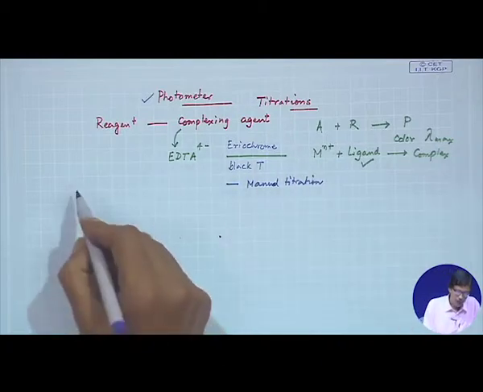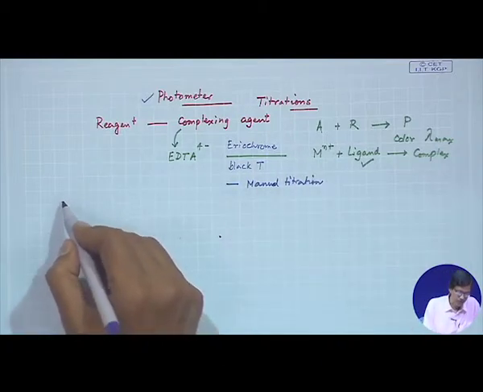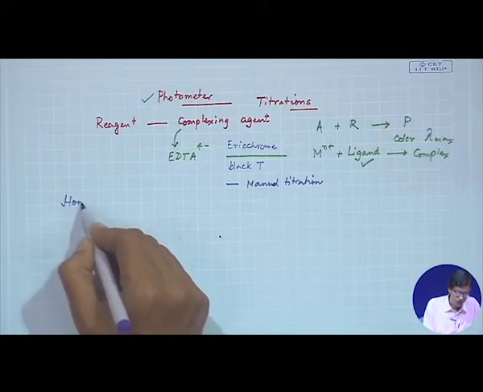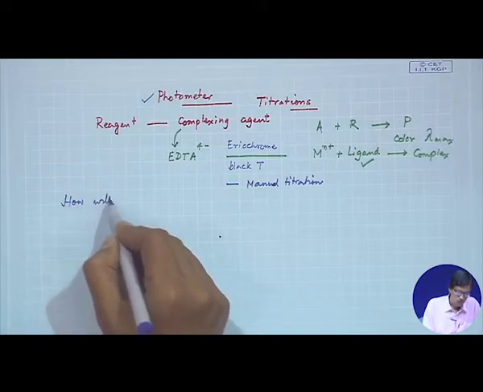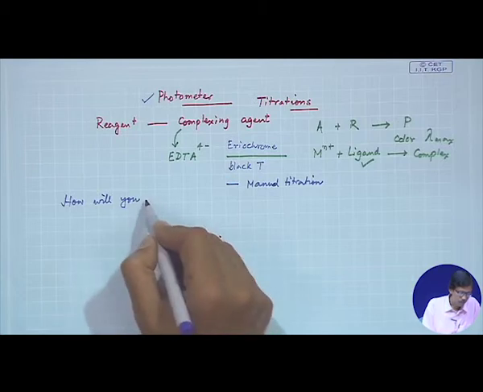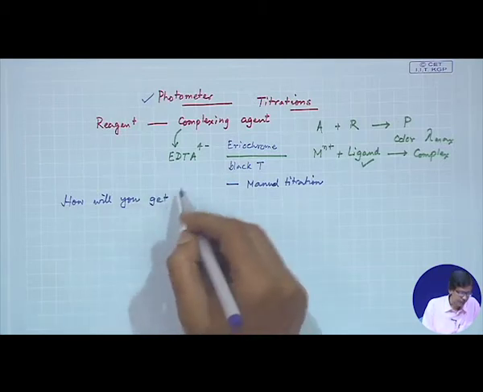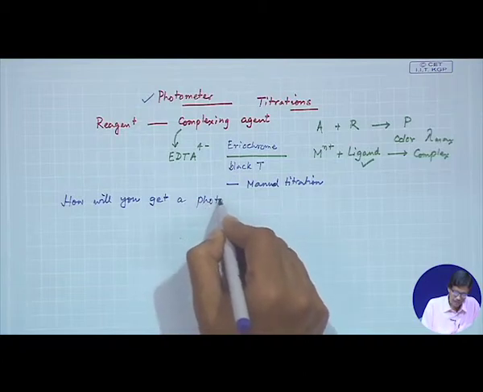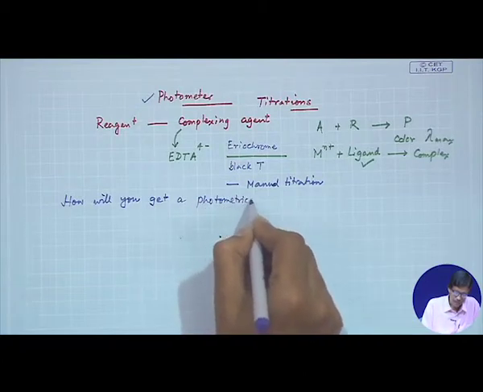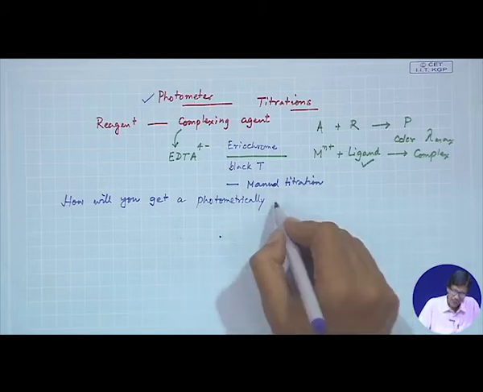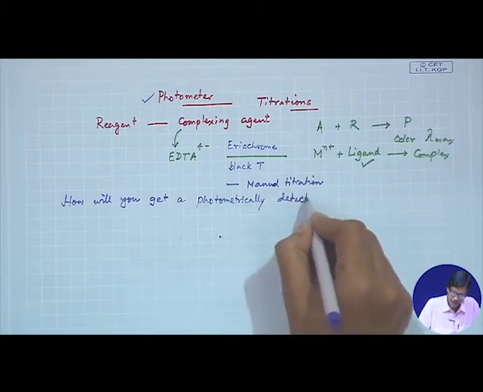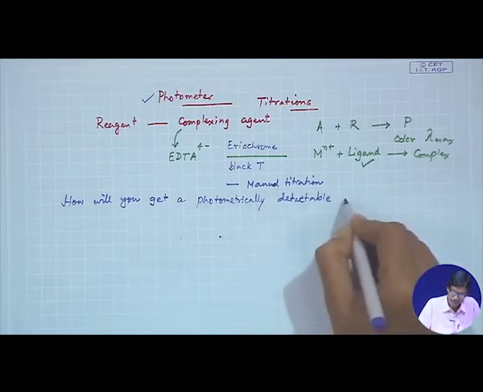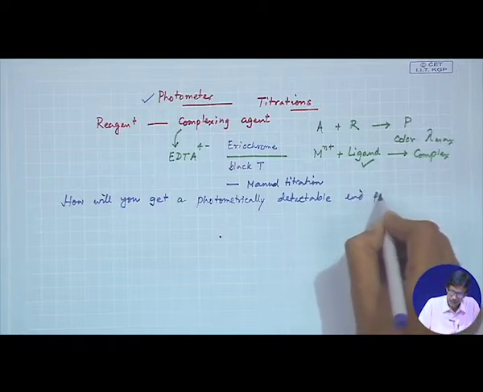So, if we ask ourselves a very basic question, how will you get a photometrically detectable endpoint?